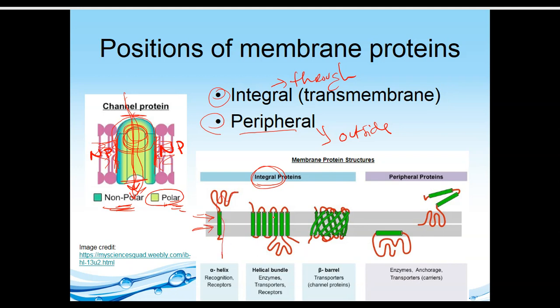This guy goes all the way through. This guy goes back and forth a couple times. This guy kind of spins around, but again, from one end to the other. These are examples of peripheral proteins. They're going to sit on just one side. This guy went halfway through, but not all the way through. So this is another example of a peripheral protein.